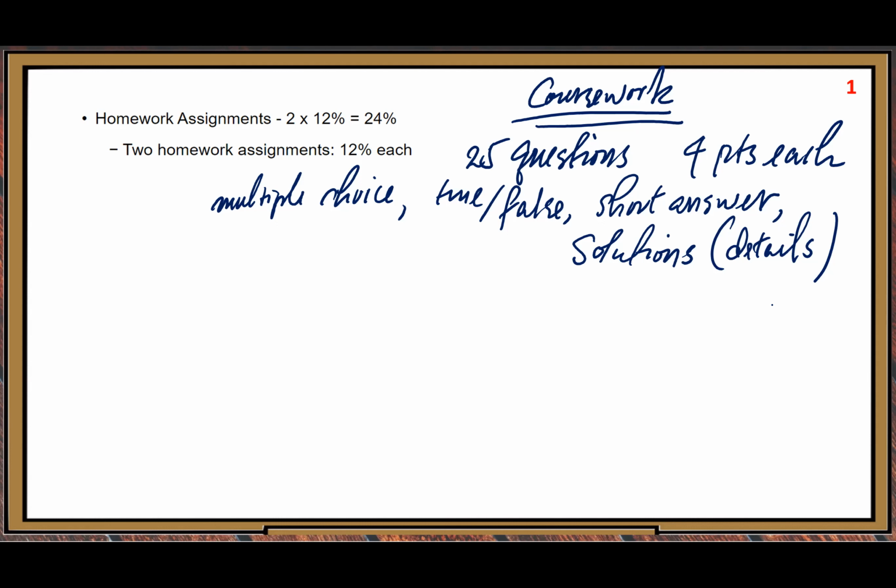But solutions, usually the last 2 or 3 questions, I like to ask you to write all the details, usually for relatively hard questions, because I need to see your ideas. I need to see how you solve the problems. If you do not provide me the details, I can only give you partial credit.